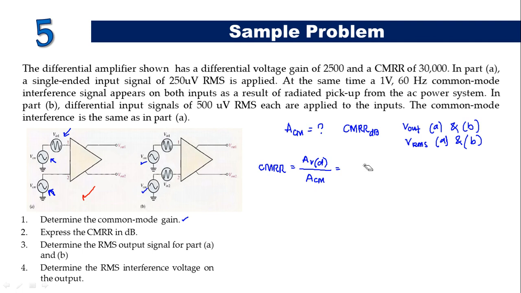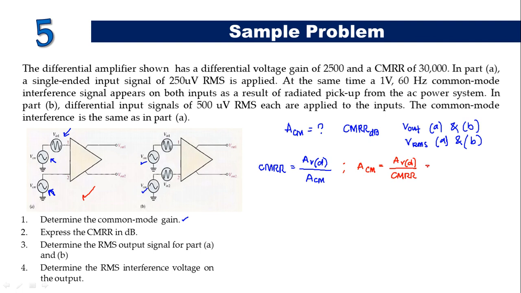Therefore, it is also true na yung ating common mode gain equal din yan sa differential voltage gain A sub D divided by the CMRR. Okay? Diba ganyan?